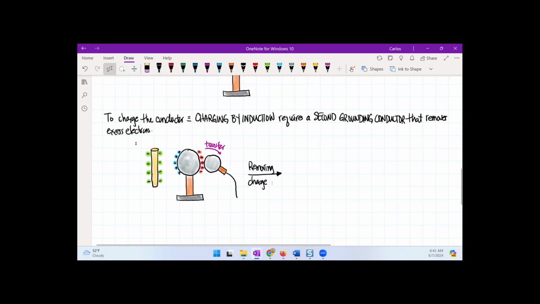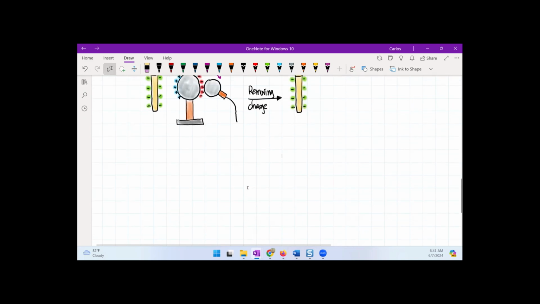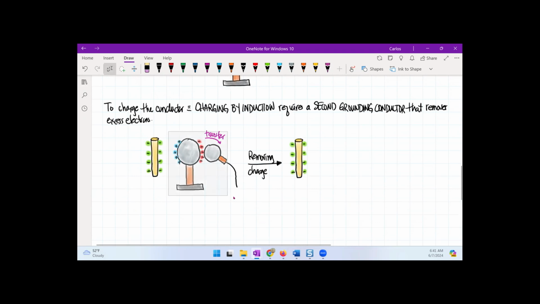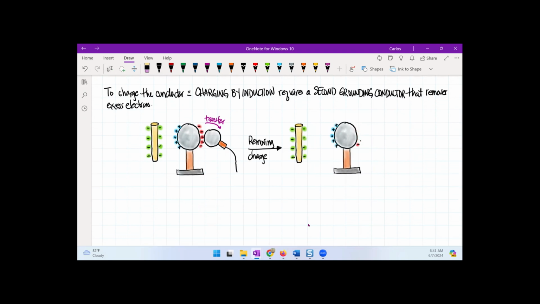What I do next is the following. I take my charged rod and now I separate it, so I keep it far away. And if I look at this, the first thing that happens is that the grounding conductor has now given a path for those red electrons.